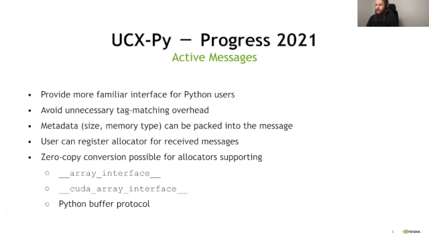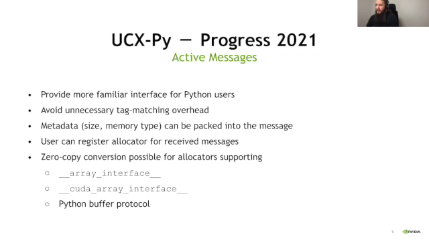With active messages, UCX can also pack metadata in the message, simplifying the receiving interface by removing the requirement for identifying whether the receiving object is CUDA or host memory, as well as having the message size already known at receive time, and thus being capable of automatically allocating the receiving buffer, calling the user-registered allocator.